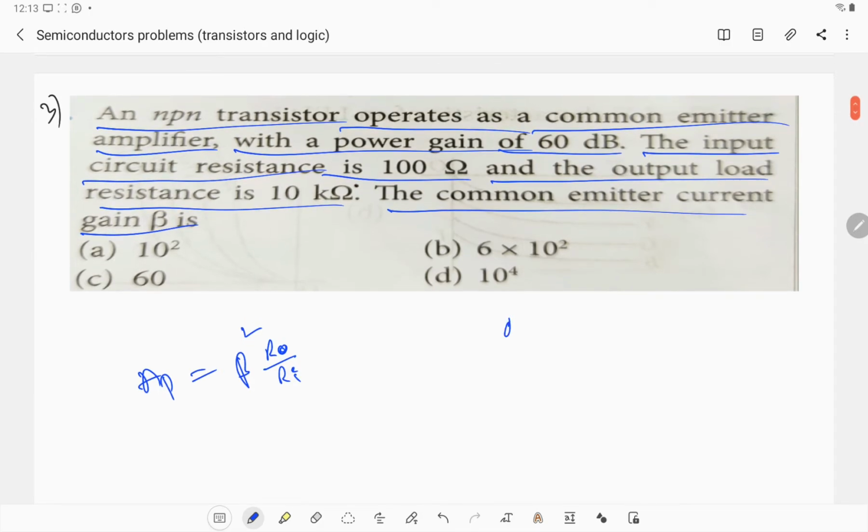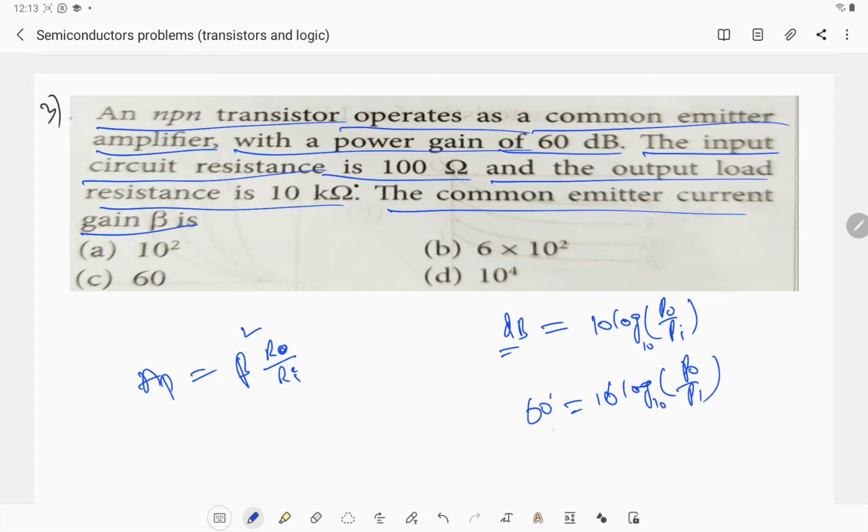Here power gain is given in decibels: dB is equal to 10 log of power output by power input, base 10. This is given as 60 decibels. 60 is equal to 10 log power output by power input, base 10. Therefore power output by power input is equal to 10 to the power of 6.